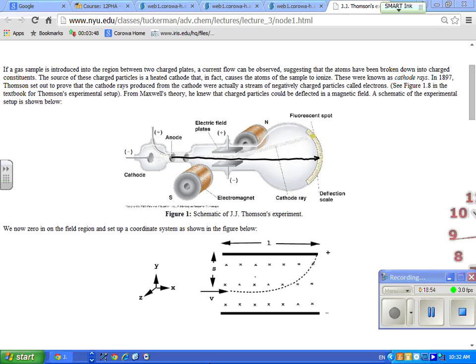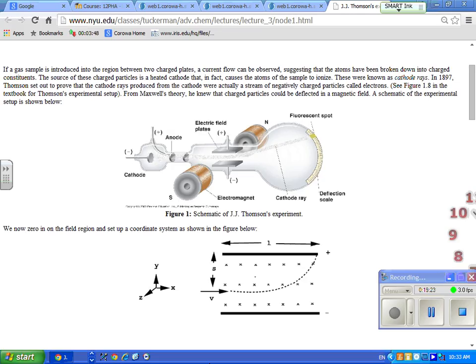So how come the magnets make it bend up or down and not left or right? Because of the orientation: the electric plates are one way, and the electromagnets are at 90 degrees. If you use the FBI rule, B will be that way, I is that way, there's a downward force.